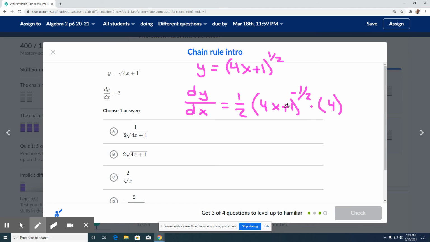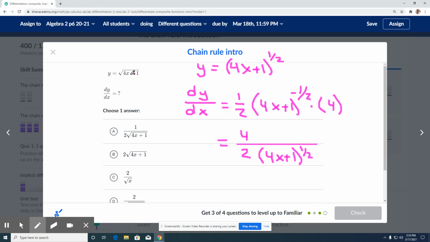All right, then we're going to go ahead and rewrite this. We can never have negative exponents. 4 goes in front, so I don't want to do too much at once. So 4 times the 1/2, let's put our numbers together. Negative throws it on the bottom, and 4x plus 1 is to the 1/2 power.